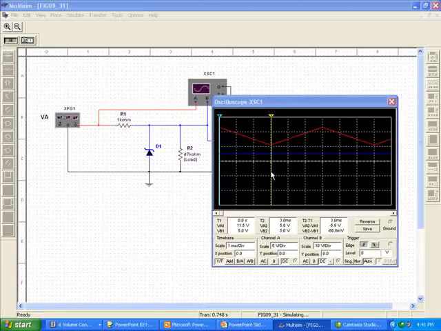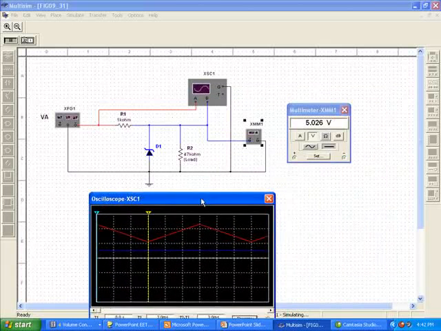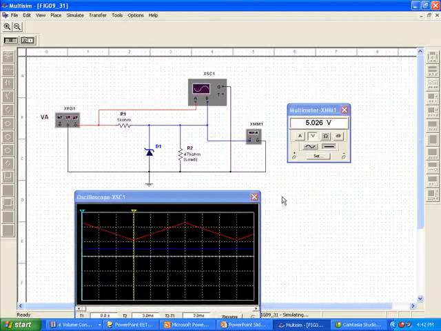The difference between T1 and T2 is 5.9 volts. So it's going from 11.5 volts down to 5.6 volts, and it's changing constantly. And yet our output is very constant. And this is the purpose of a Zener diode, voltage regulation.